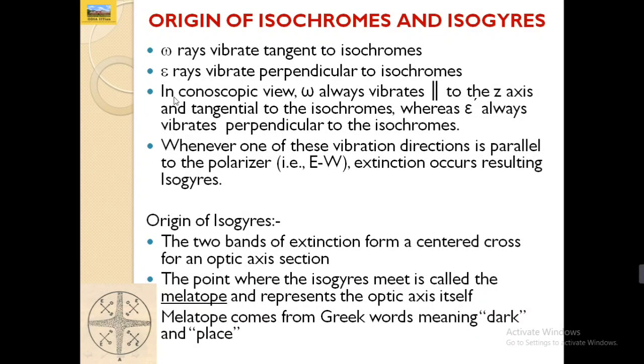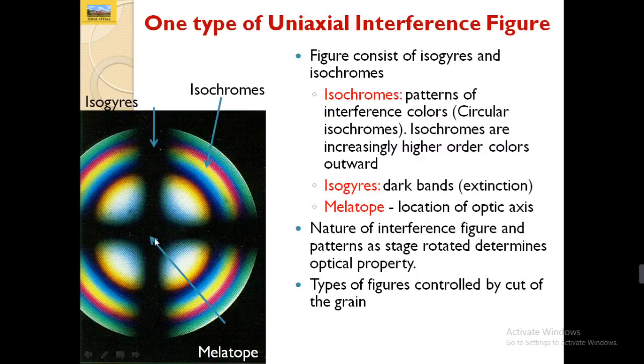This is also an important point: epsilon always vibrates perpendicular to isochrome. Whenever one of these vibration directions is parallel to the polarizer, that is east to west, which is the vibration direction of the polarizer, extinction occurs, resulting in isogyre. These isogyres are produced due to extinction.